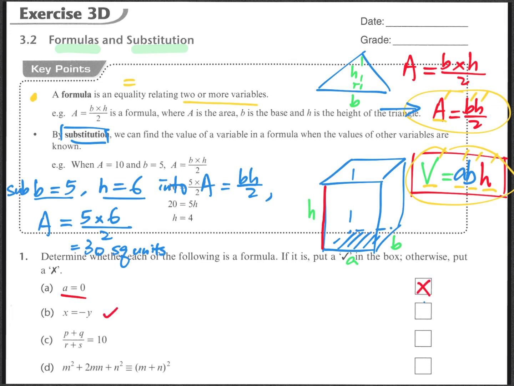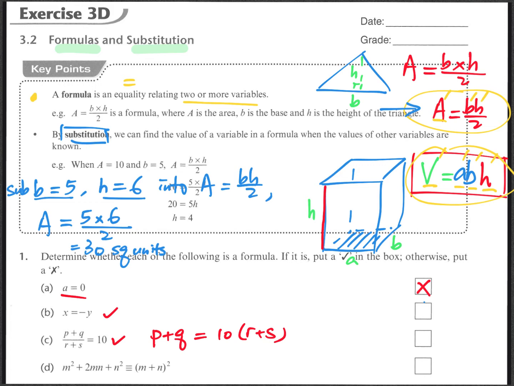While B is a very precise one because it's relating X and Y by this formula, X equal to minus Y. Similarly, C is also a formula because you are relating P, Q, R, S in this formula. Even though there is a 10 on the right hand side, you can understand it as P plus Q equal to 10 times R plus S. So it's a kind of formula relating P and Q on the left hand side, R and S on the right hand side.